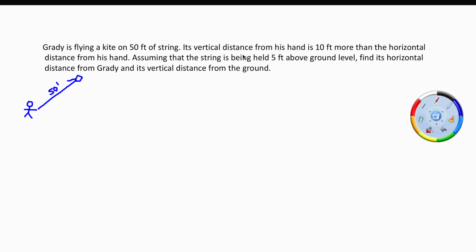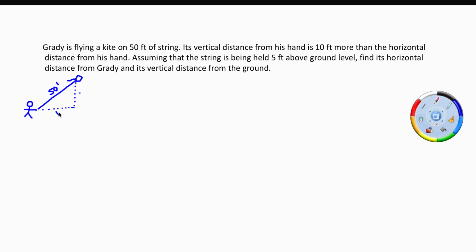Its vertical distance from his hand, so you can either think of this distance over here, vertical from his hand, or this distance up here. Either way, the vertical distance from his hand is 10 feet more than the horizontal distance.